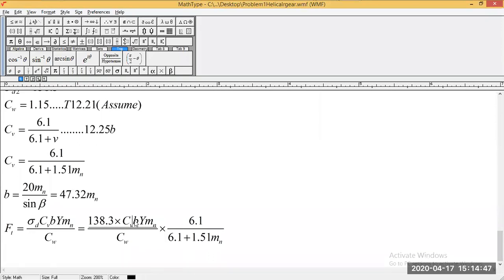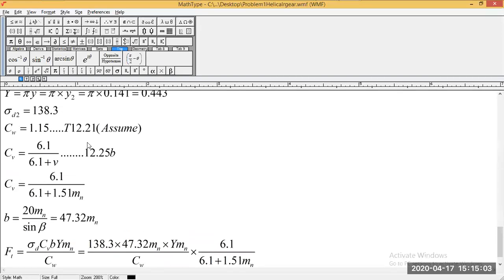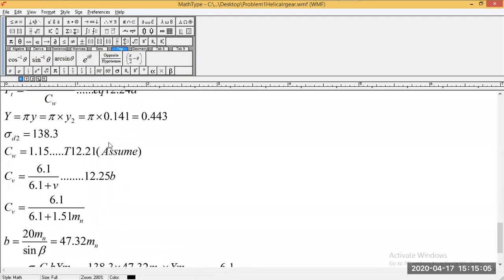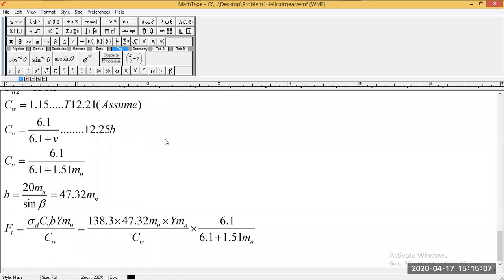So that is your CV. Then B, so B is this value here, into B into Y. Y also we have found to be 0.443, into mn as it is.